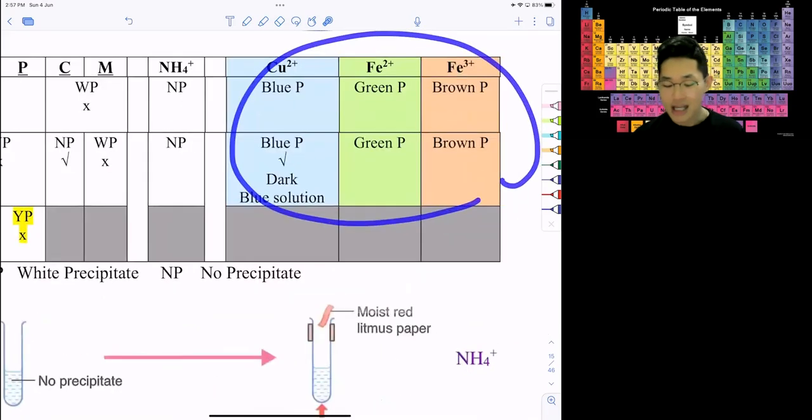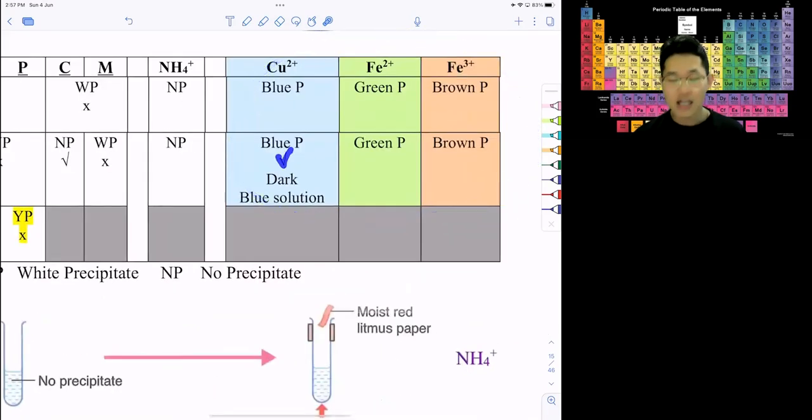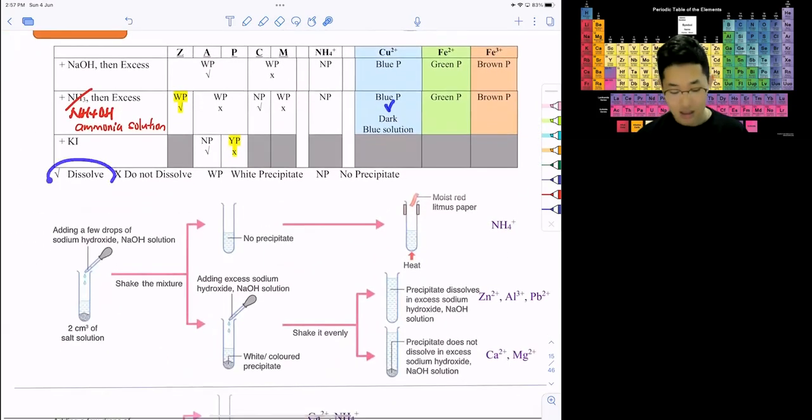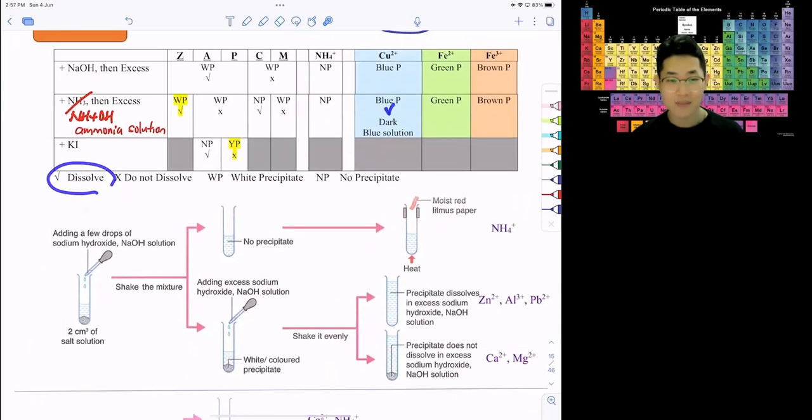The meaning of tick and cross: tick means soluble in excess. Cross means insoluble in excess. Only this one is tick, the rest are all cross. All cross means they're insoluble in excess.